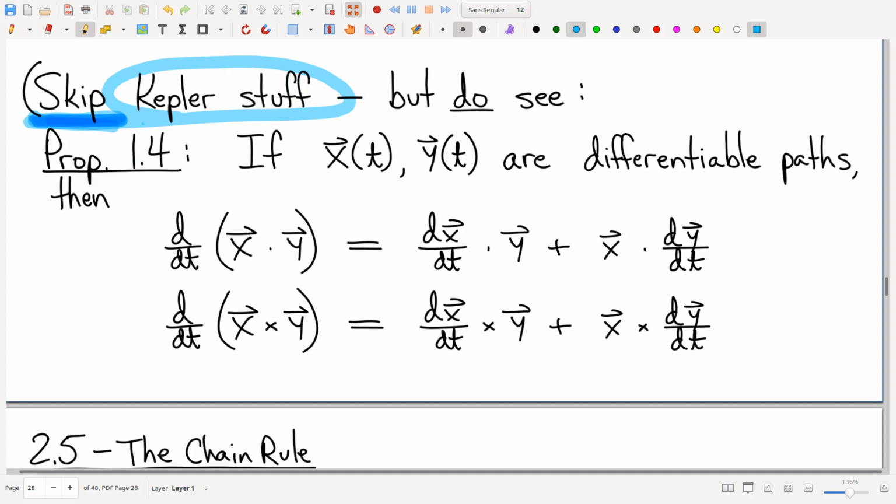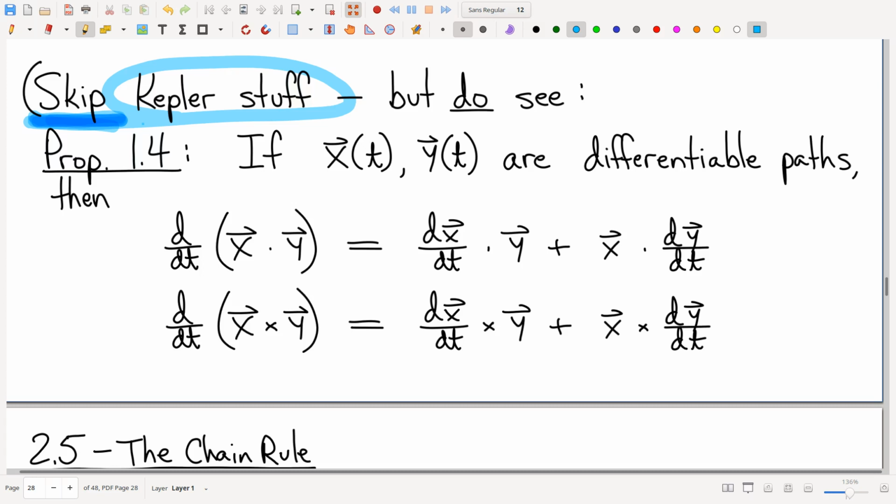It is classical and historically important mathematics. It's very cool, right? And I'm glad that Colley put it in the book. But we don't have the time. It's not where we're going with the material. You don't really need it in that sense, and we just don't have time. That would be a luxury that we can't afford, right? So by and large, you're going to be skipping the Kepler stuff.